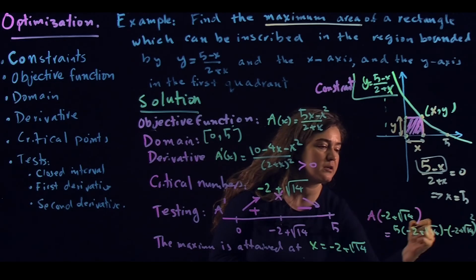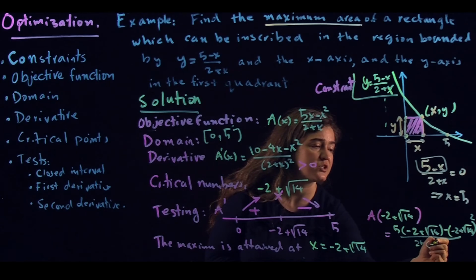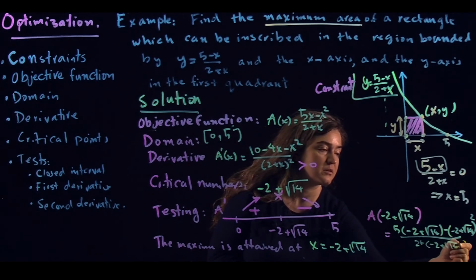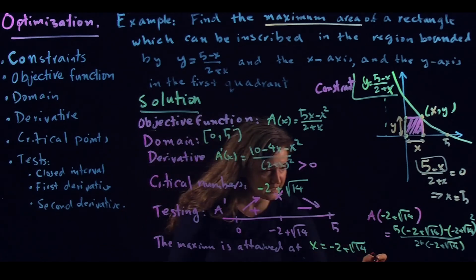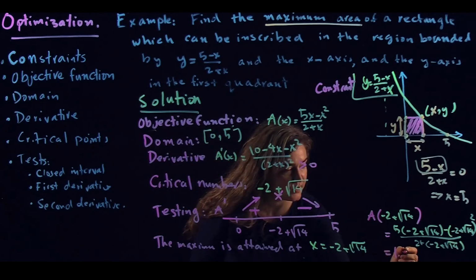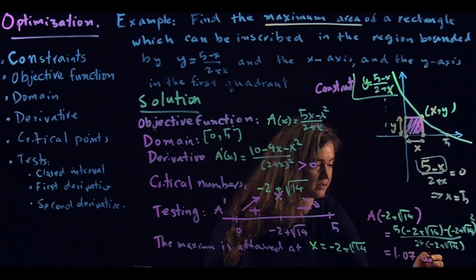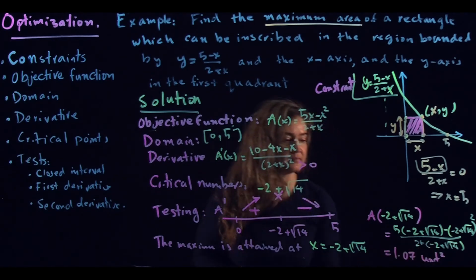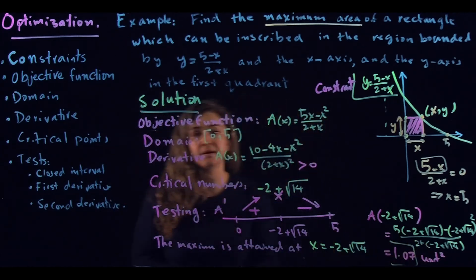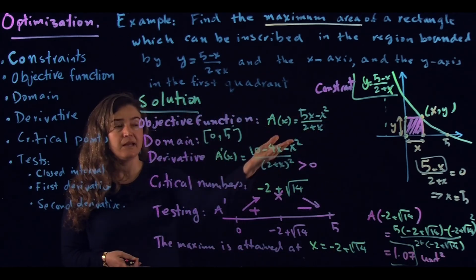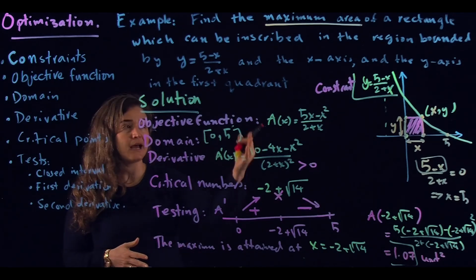Either way would work. At this point, we only need an approximation. And after plugging into your calculator, you get 1.07 units squared. And so that's the maximum area that we can attain by inscribing the rectangle in that region.